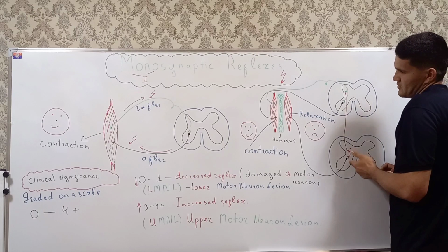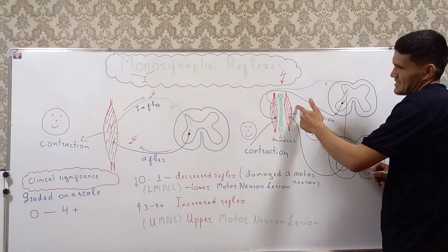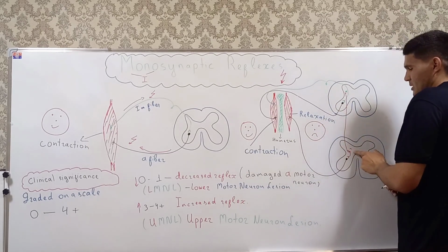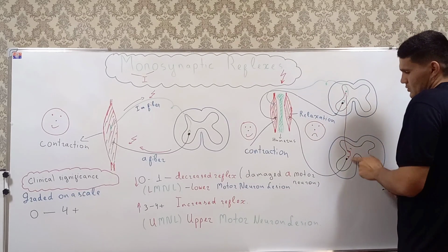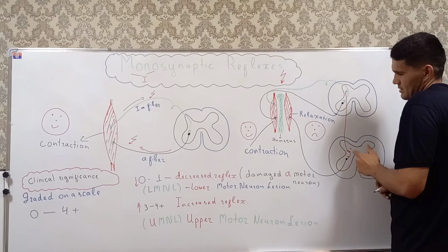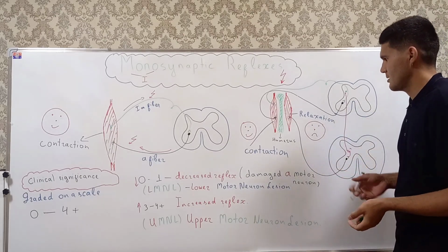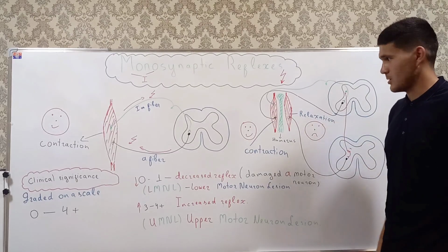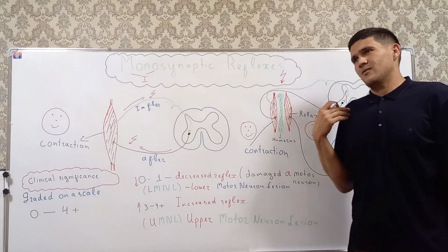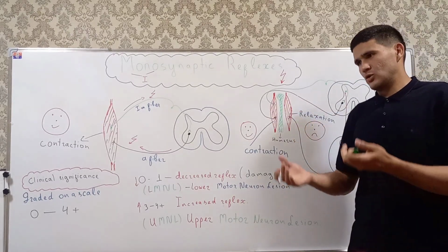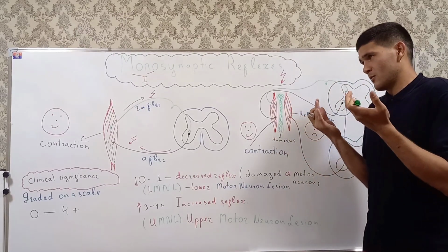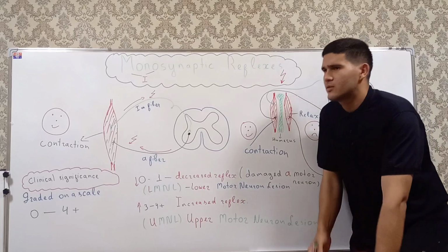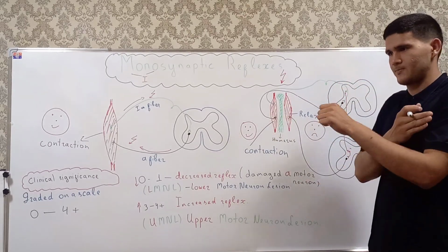This alpha motor neuron's function is contracting this antagonist muscle. However, by stimulating Renshaw neurons, we can inhibit its function. As a result, there is a relaxation of the antagonist muscle. It facilitates us to observe ankle jerk reflexes or knee jerk reflexes like that.